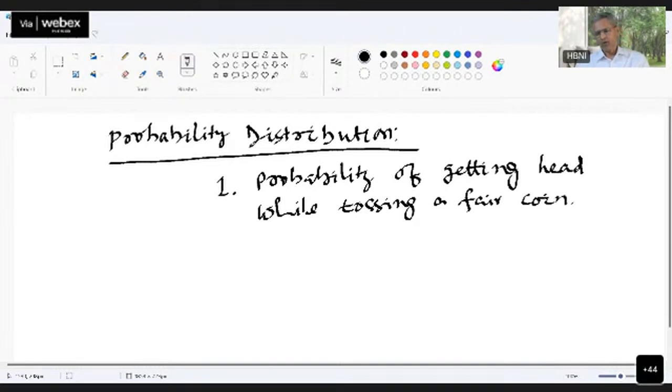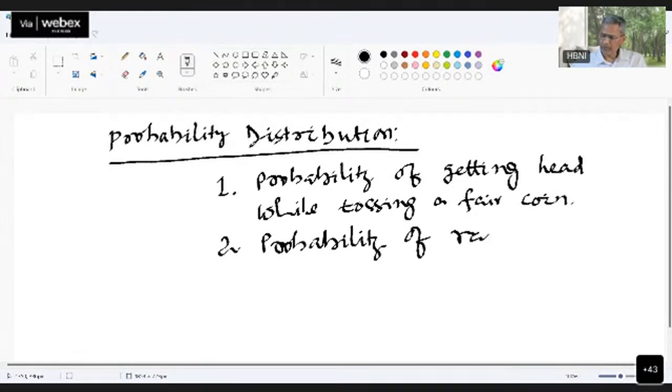This will also follow a certain probability distribution for all the possibilities. We will see that. Similarly, in your daily life, you observe this type of probability, like the probability of rainfall on a particular day.